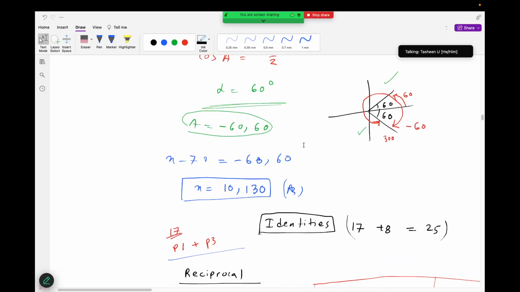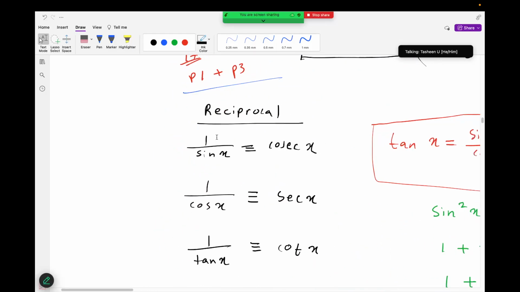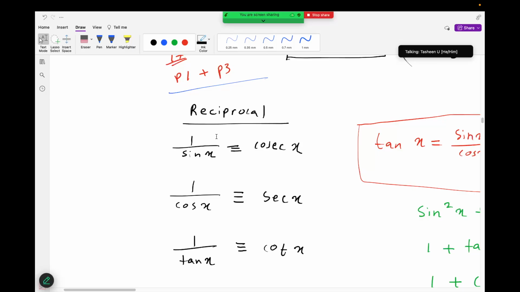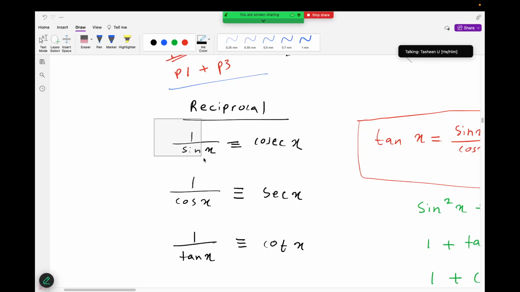So the first identity, reciprocal. I already taught you in the beginning. The reciprocal of sin x is cosec x, and 1 upon cos x is sec x, or secant x.